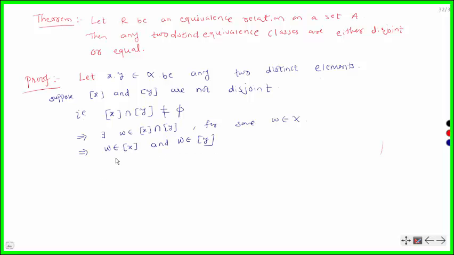Now we have assumed that these two are not disjoint. We have to prove that these two must be equal. This implies that w is R related to x and w is R related to y. This implies that x is R related to w and w is R related to y, as R is symmetric.